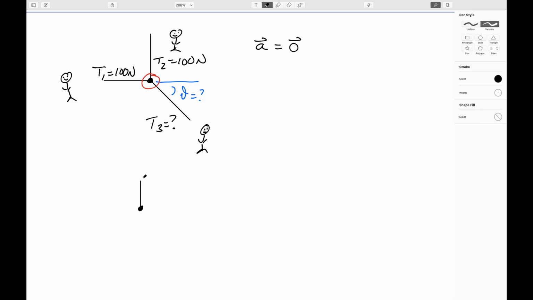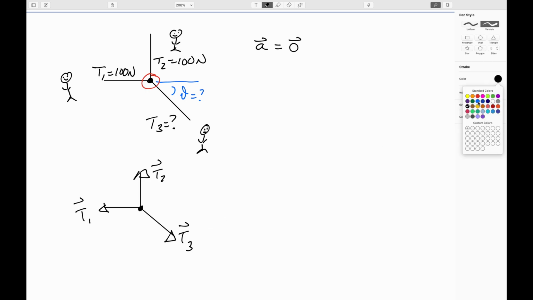So here we will have T1 acting left, T2 acting up, and again T3 acting down and to the right. And again, we don't know what the magnitude of T3 is equal to, and we don't know what the angle is with respect to the horizontal.